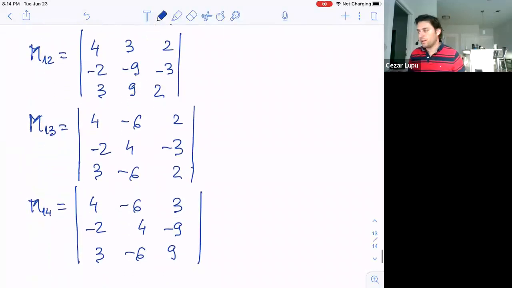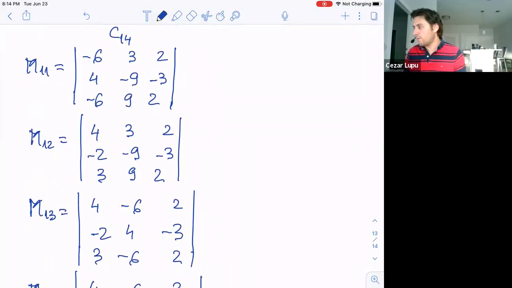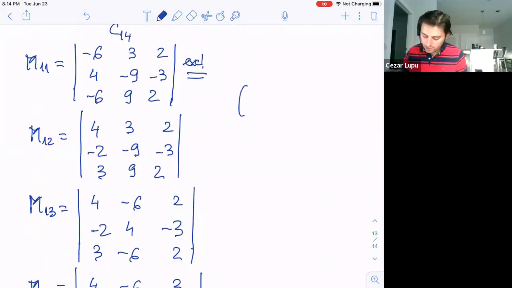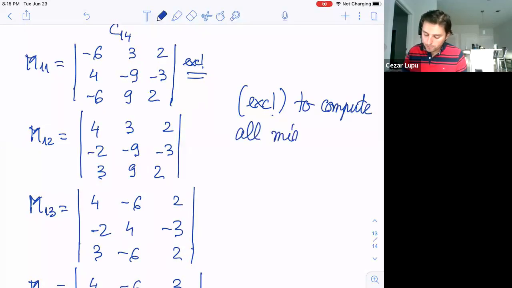Good luck with computing these. Whatever, I will leave it to you as an exercise to compute each and every one of them, all minors.